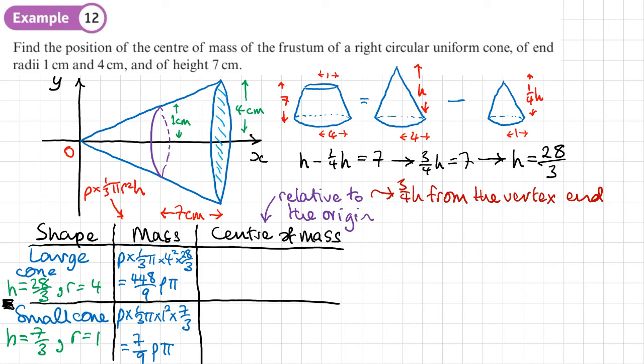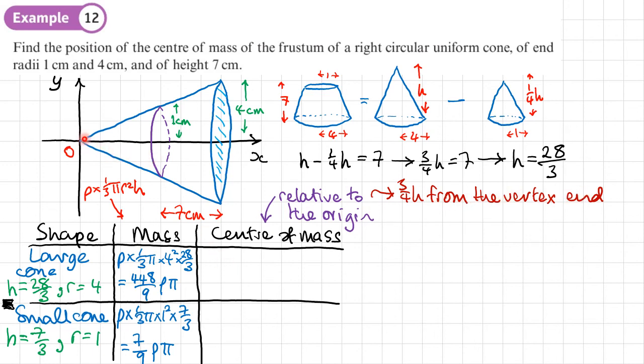So now we're going to work out the centre of mass of each of these two cones, starting with the larger cone. I'm going to give the centre of mass relative to the origin, so this vertex end here, and we know from a previous result that the centre of mass of a cone is 3/4 h from the vertex end.